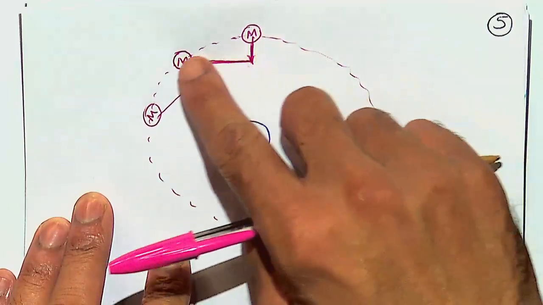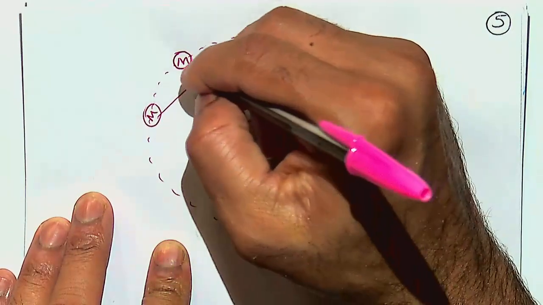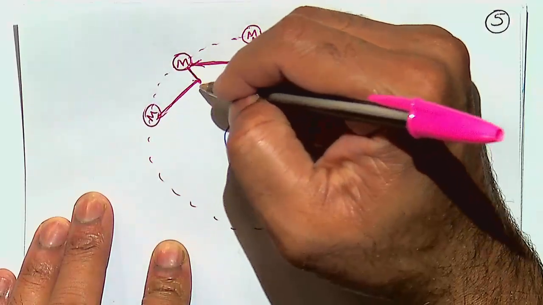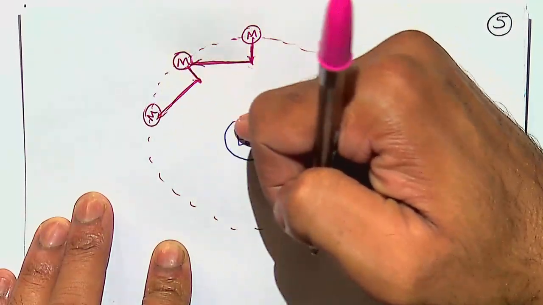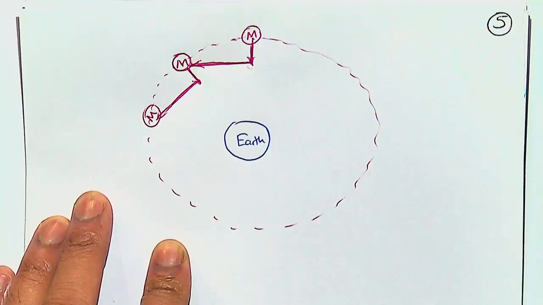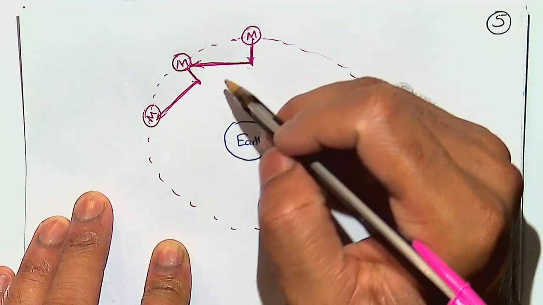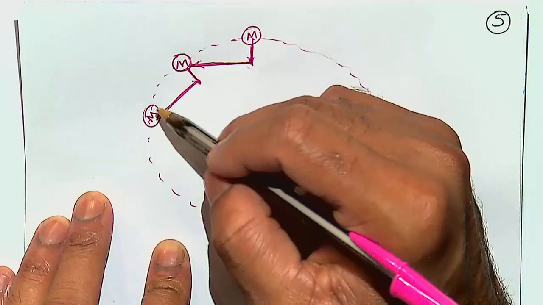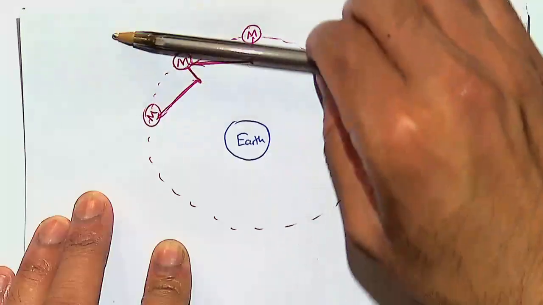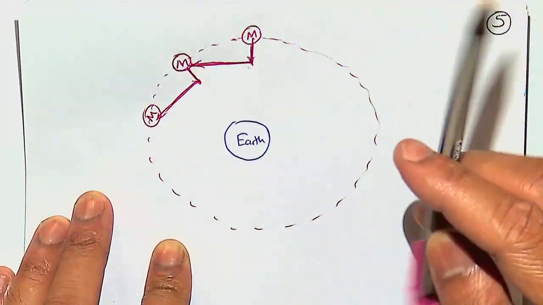This may help you understand that yes, it is actually falling towards the Earth, but every time it tries to move towards the Earth, because it has a speed, it gets carried forward. If it wasn't for this movement around the circle, it has a tangential velocity, a velocity that's tangent to the circle.